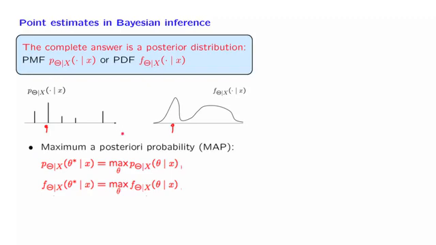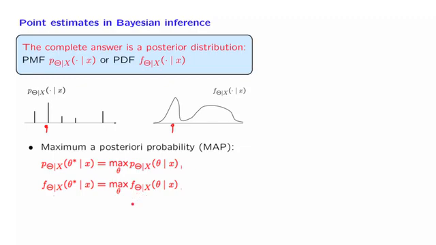What we then do is to find a value of theta that maximizes over all possible thetas the conditional PMF of this random variable capital Theta. And similarly in the continuous case, it's the value of theta that maximizes the conditional PDF of the random variable theta. This is one way of coming up with an estimate.